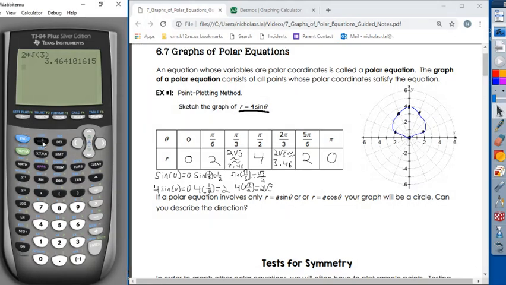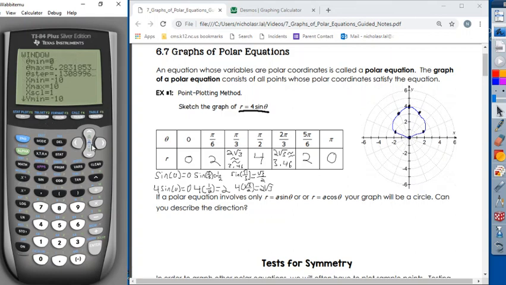Go to mode, go to polar mode, and let's plot 4 times the sine of theta.